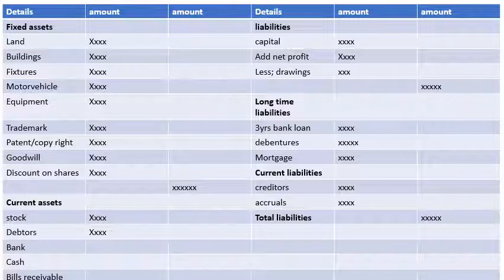Current liabilities: creditors, accruals, then your total liabilities. Always the total for assets and the total for liabilities have to balance, because your balance sheet has to balance.